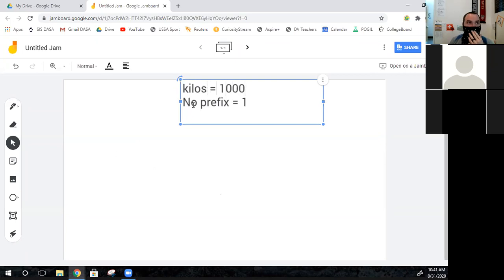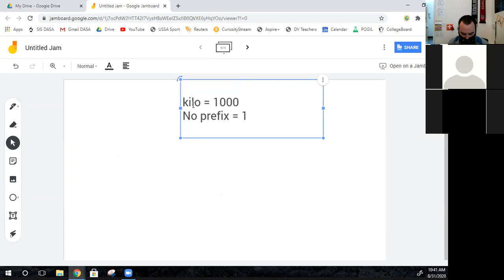A kilogram is equal to 1,000 grams. A kilometer is equal to 1,000 meters. A kiloliter is equal to 1,000 liters. Got it? Okay. We will use this one every once in a while. Mega.